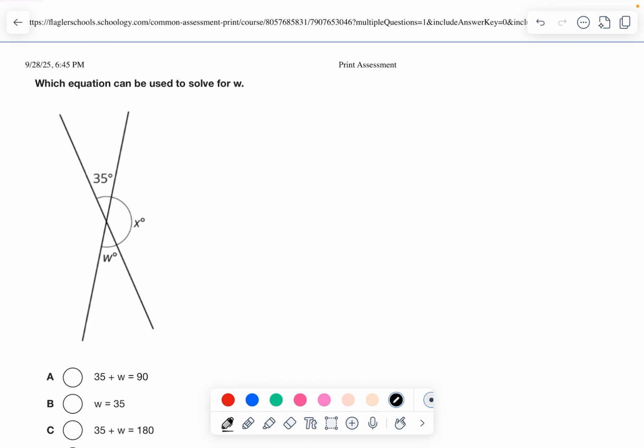Okay, so for number 7, which equation can be used to solve for W? So let's look at that. And actually, without really even doing any math, I can just look at W's relation to 35.